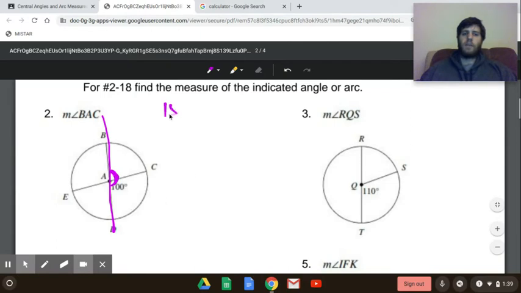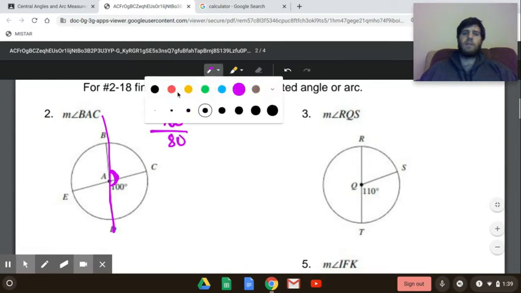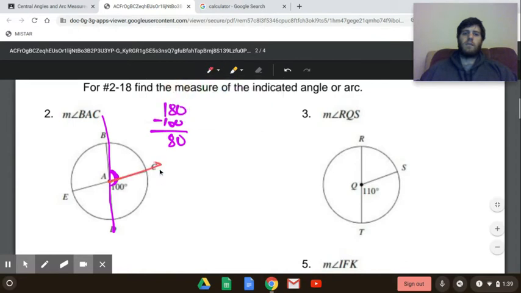So we can do 180 minus 100. It's going to be 80. So that means this angle here is going to be 80 degrees. Then this one down here was 100 degrees, but together they add up to 180, which is the half circle.